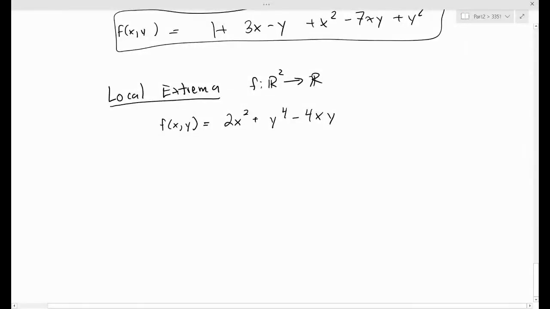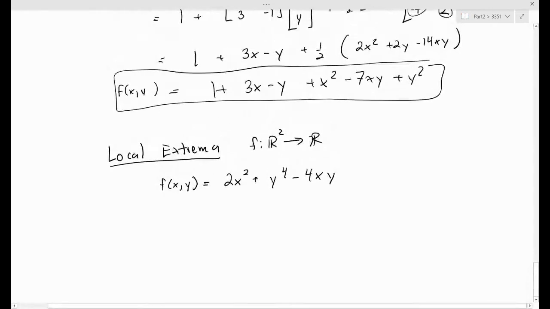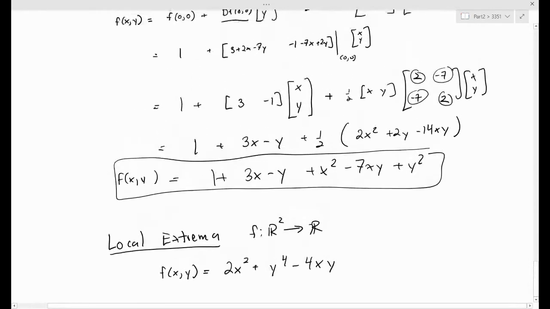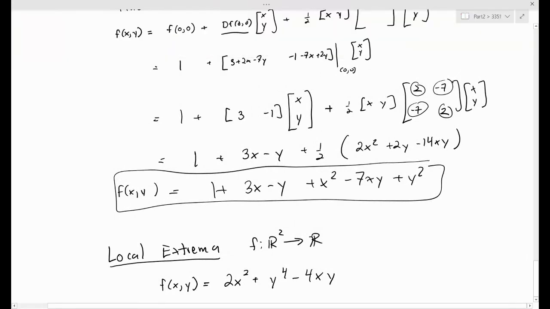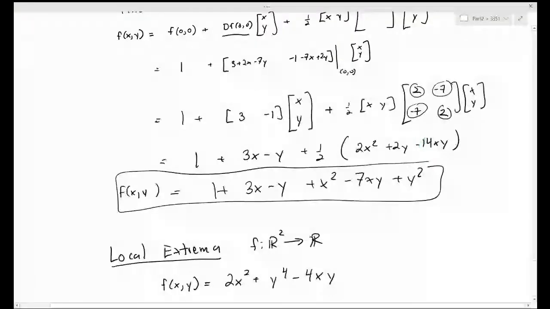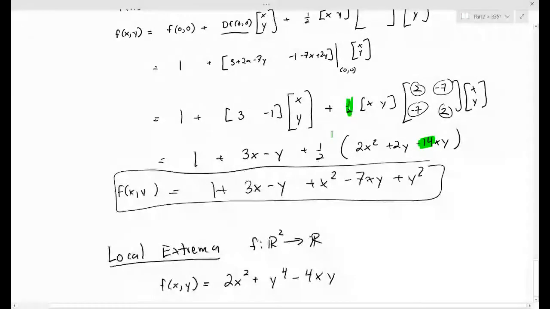I think it's 7 if you're referring to this, because we had a negative 14, but remember there's a 1/2.